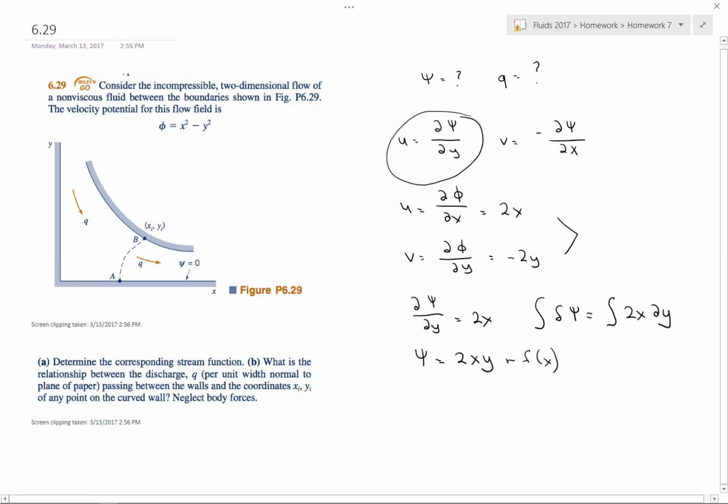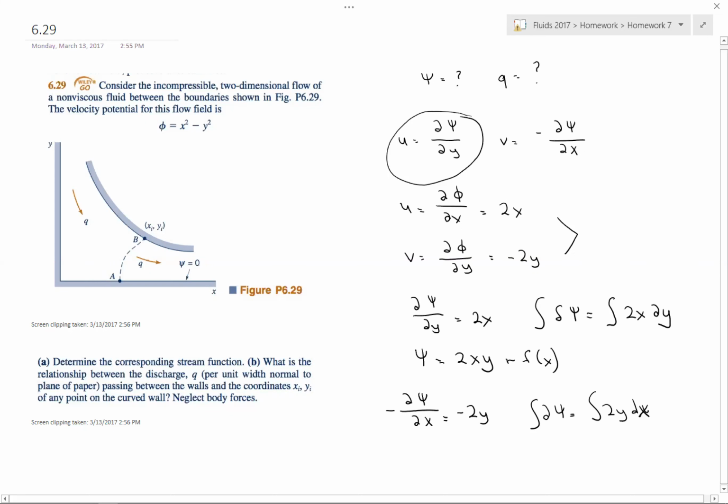And now we do the same thing here. But remember, this is negative, is equal to negative, oh, how nice. They drop out. And so this is equal to 2y dx.